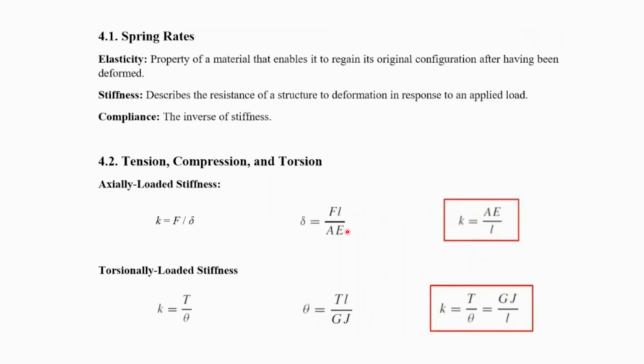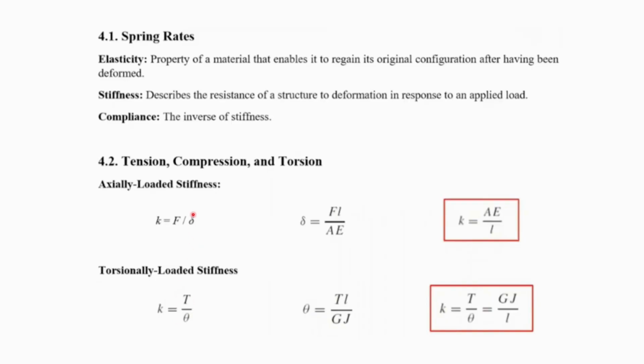And we also know that the ratio of force to the deflection or deformation is known as the stiffness of the structure. This can be for an axial force, or this torsional stiffness can be represented by the ratio of applied torque to the angular displacement.